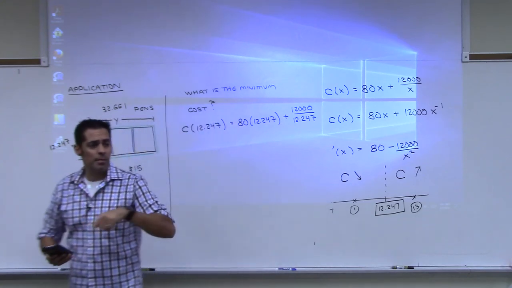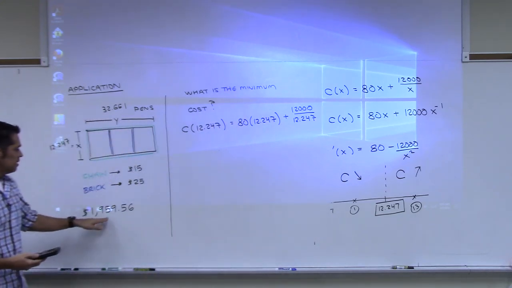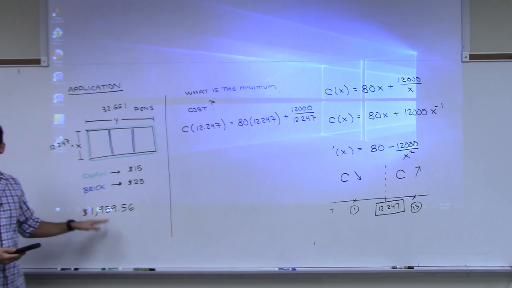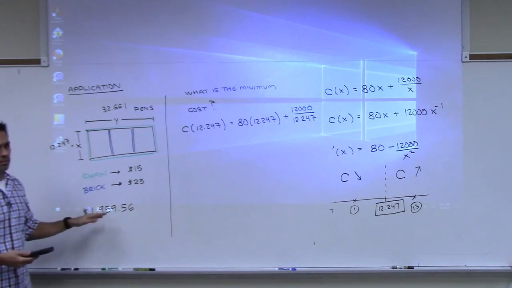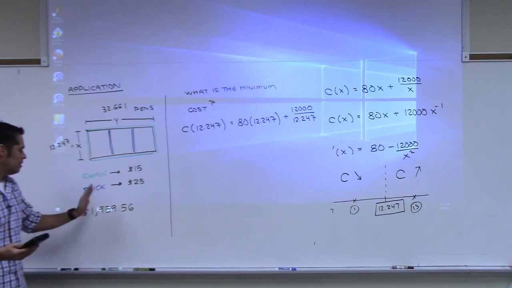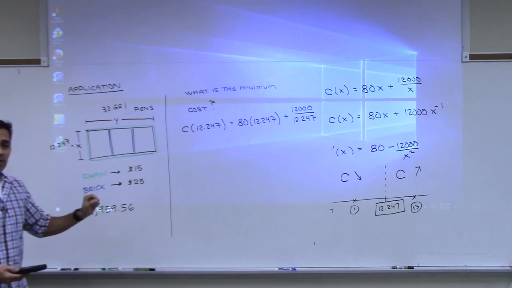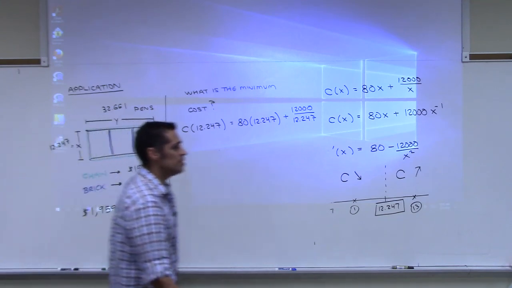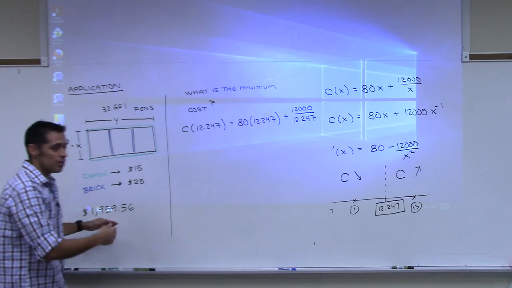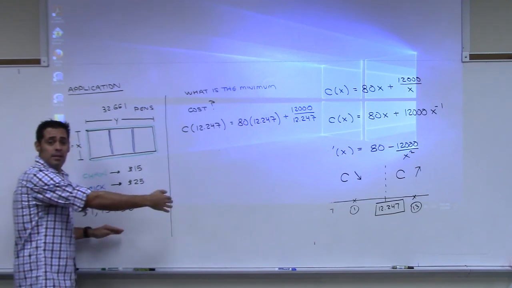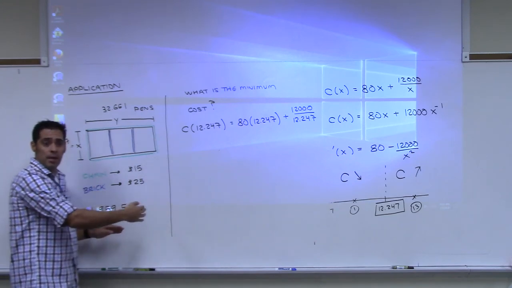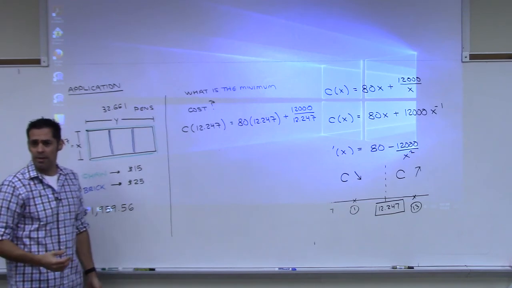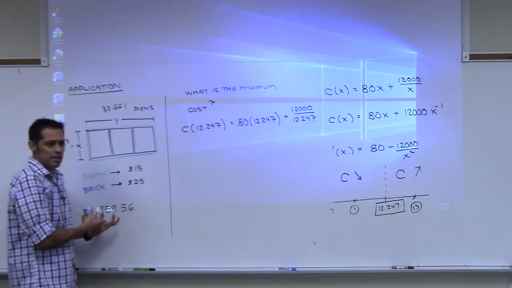If you build it 20 by 20, it'll cost a little over $200 more in materials. I don't know if we're including labor or not, who cares, right? But it's more expensive. So the company not using the calculus is either going to have a higher bid, or they may bid 3,000 also, but they're going to have less profit because they've used up money on material they didn't need, right?